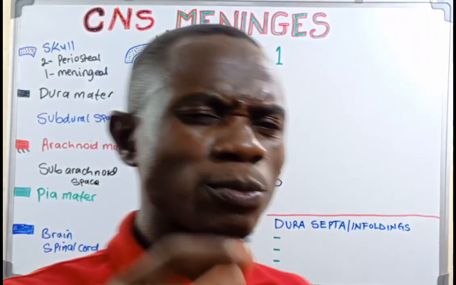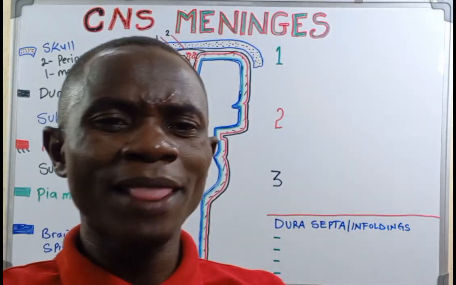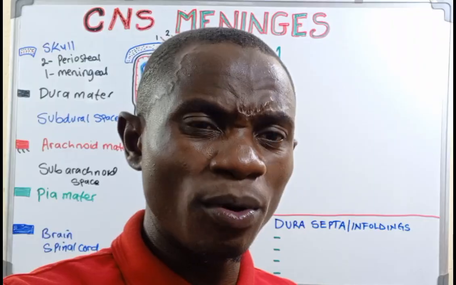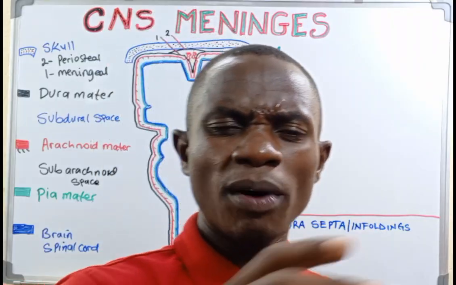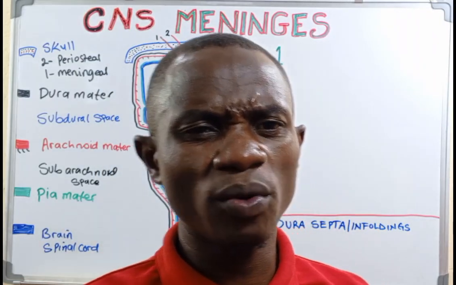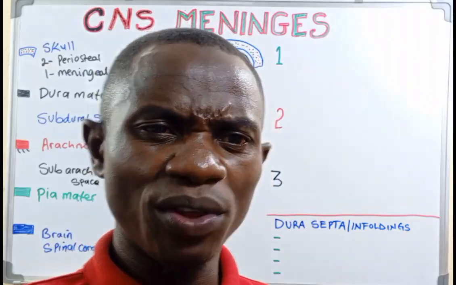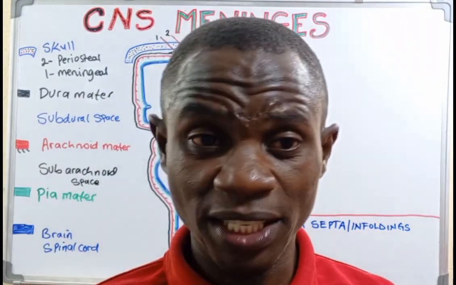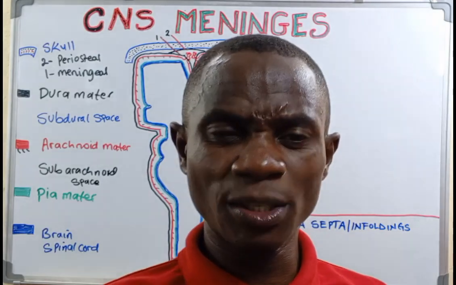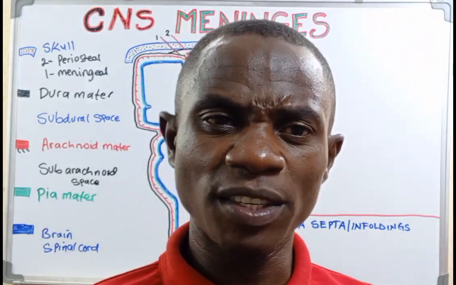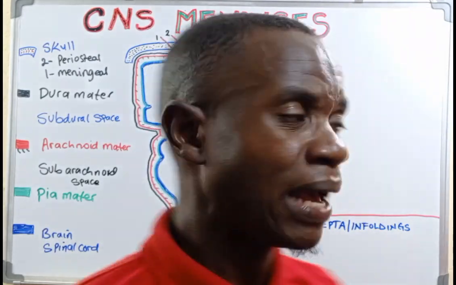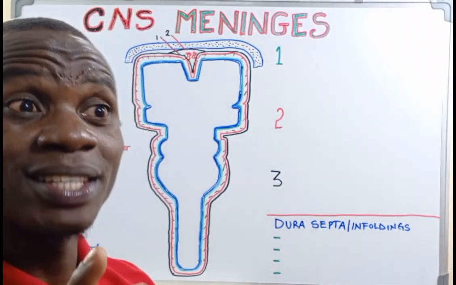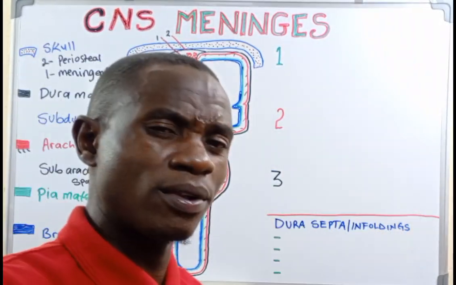A potential space is not so visible. It becomes visible in pathological conditions, for example when we have a hemorrhage within that space. But in normal circumstances, this space is not visible, which is why it is a potential space. The subarachnoid space, however, is a real space because it can be seen having cerebrospinal fluid circulating.